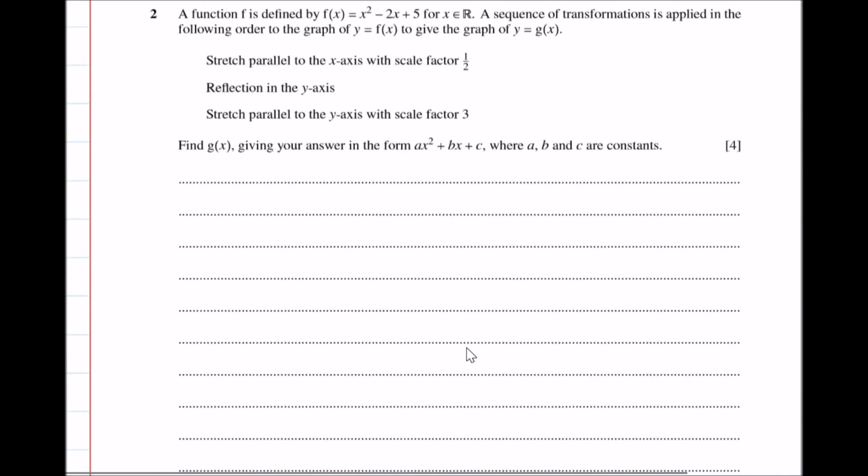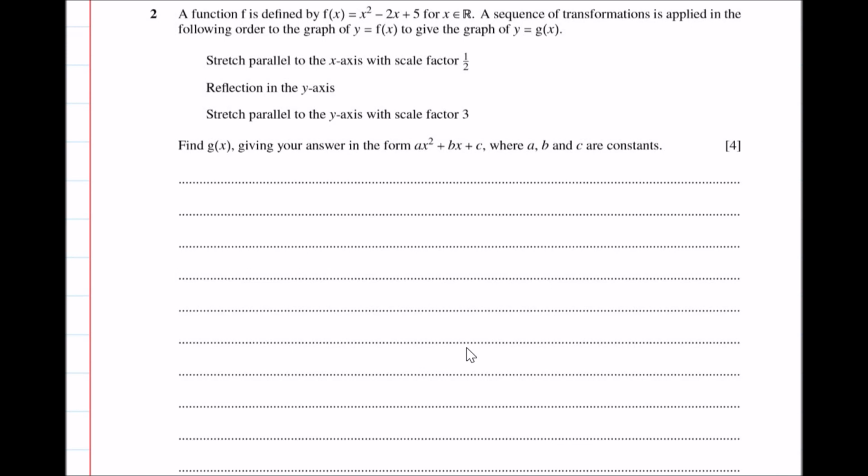Next question is from functions. A function f is defined by f(x) equal to x square minus 2x plus 5 for x belongs to all real numbers. A sequence of transformations is applied in the following order to the graph of y equal to f(x) to give the graph of y equal to g(x).